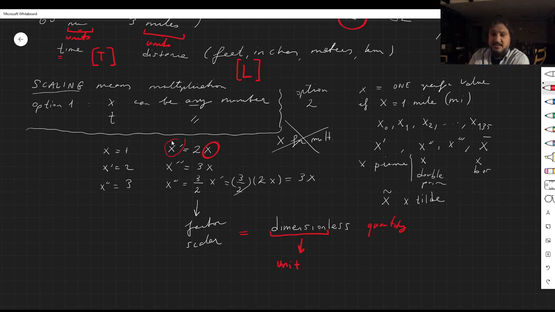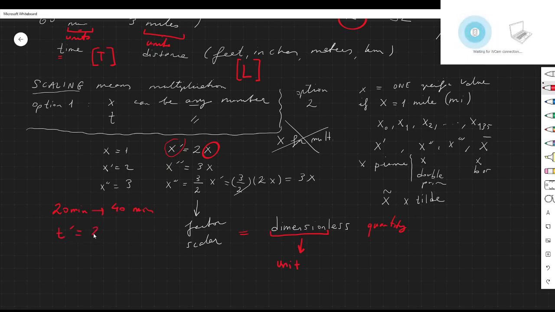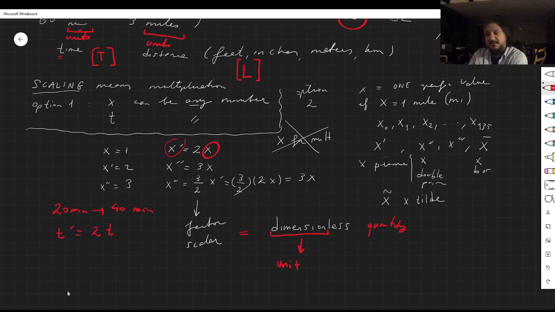Okay, so if you have meters on this side, you'll get meters. If you have feet, you will get feet there. Same thing applies to time. Okay, going from 20 minutes to 40 minutes, you're scaling it by 2, so you can write it as t prime is equal to 2t. A dimensionless quantity, or equivalently, you can say its dimension is equal to 1.